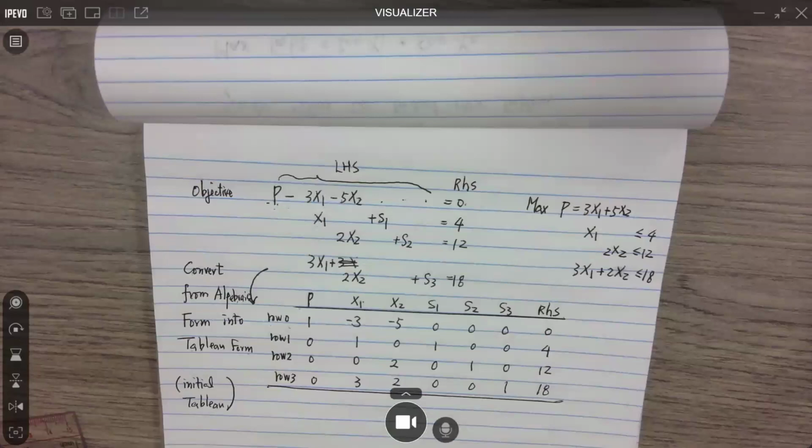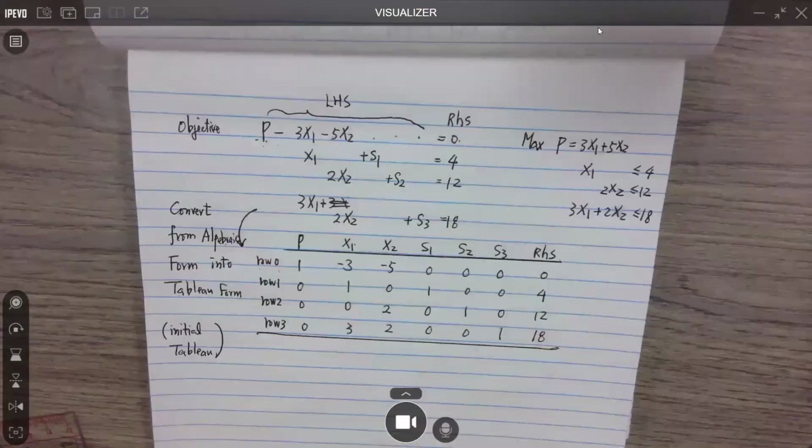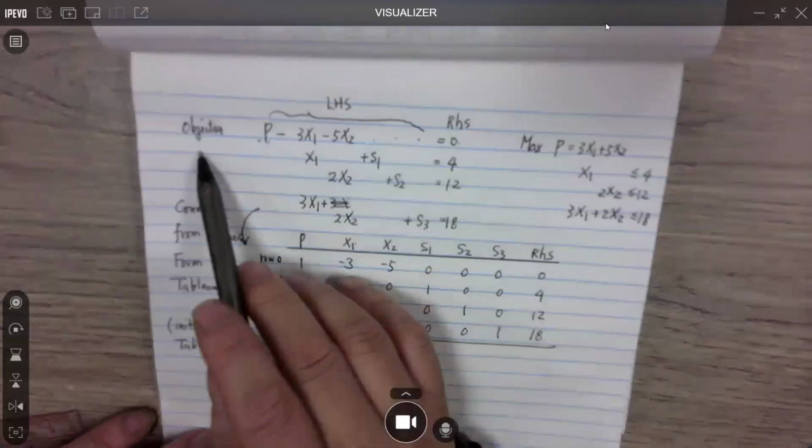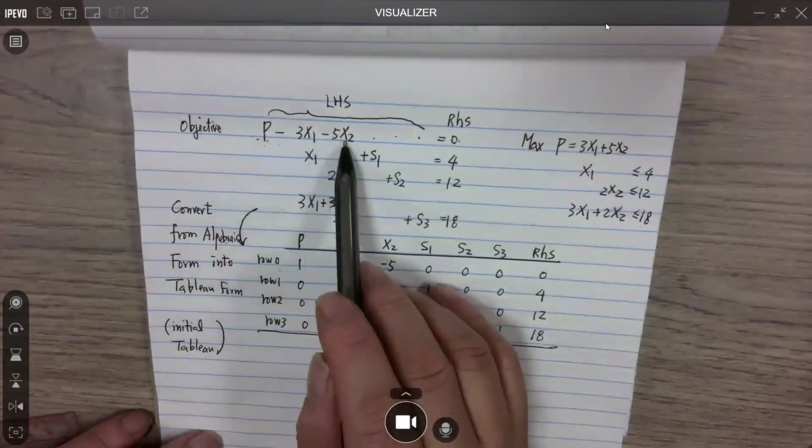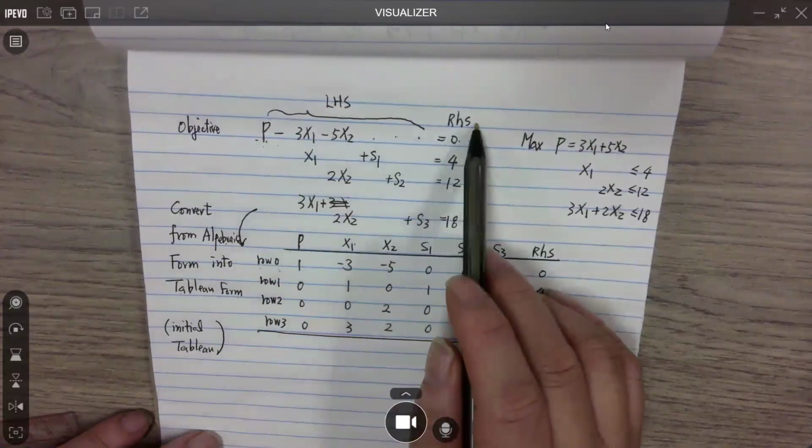So this is the objective function P minus 3x1 minus 5x2 equal to 0, where 0 is the right-hand side.